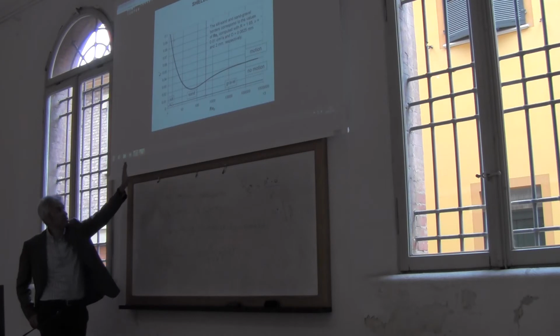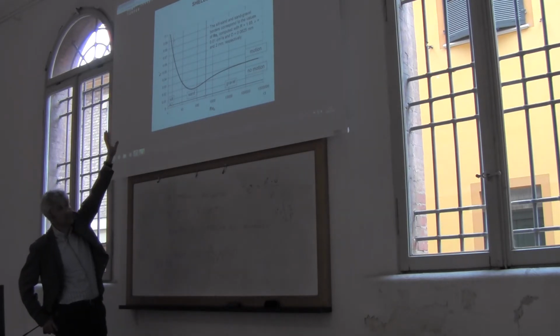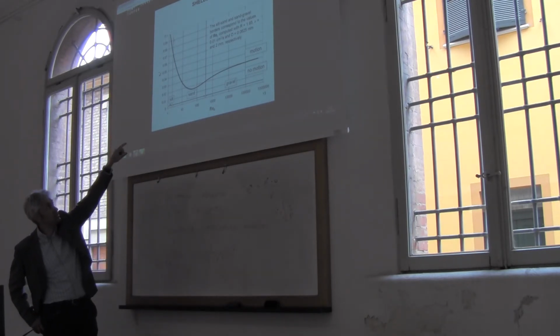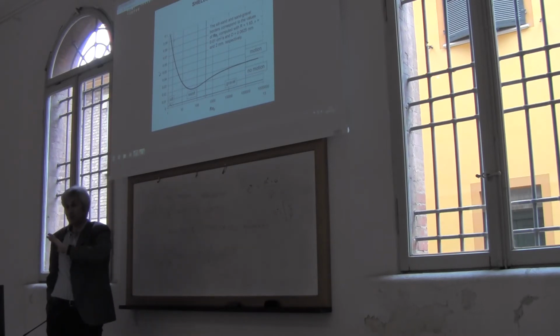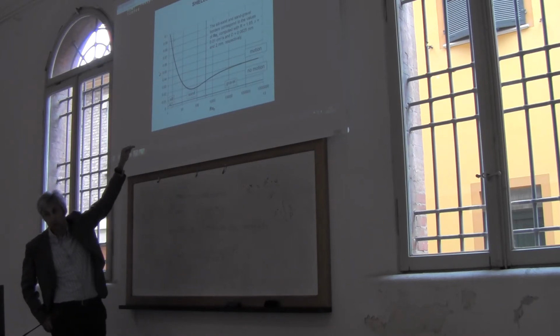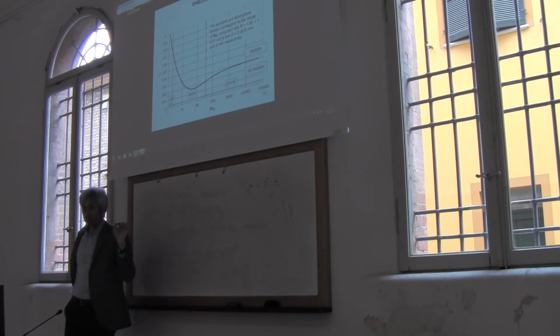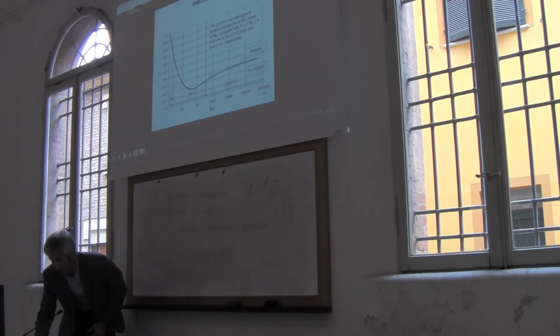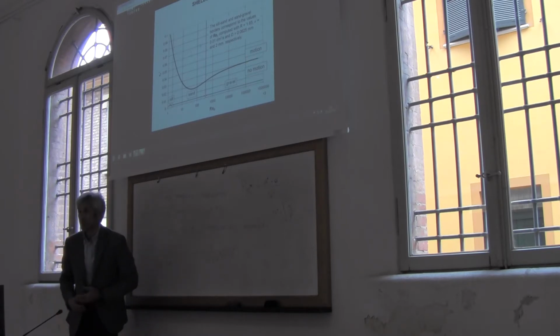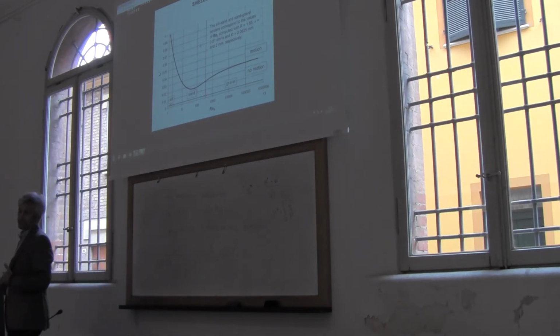All the combinations of Shields parameter and Reynolds number that are above the thick line mean non-equilibrium, mean instability. All the conditions that are below the thick line are stable. So basically, the conditions that are here are stable. And the combinations that you have above mean no stability.